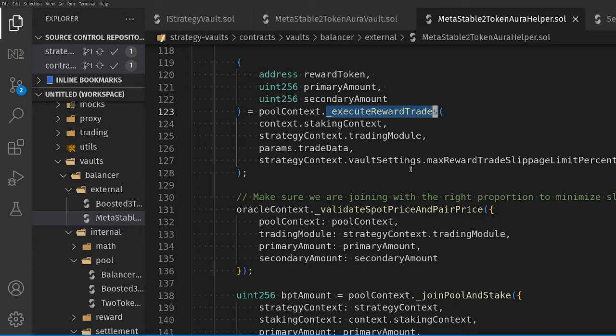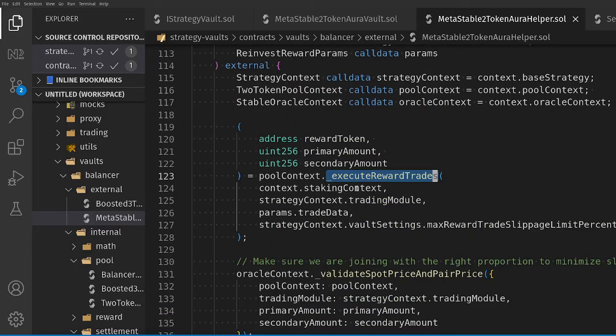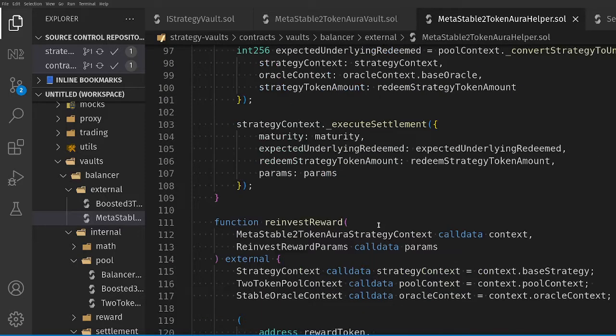Apologies. At this point, I believe that the rewards will already have been claimed through a separate method, and then we're going to execute these reward trades.